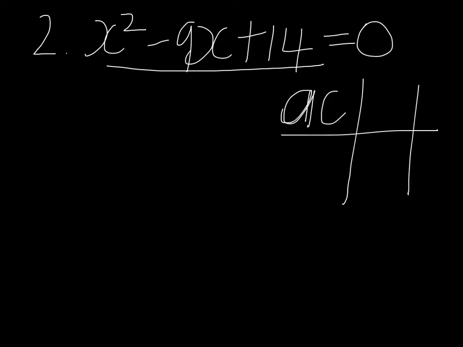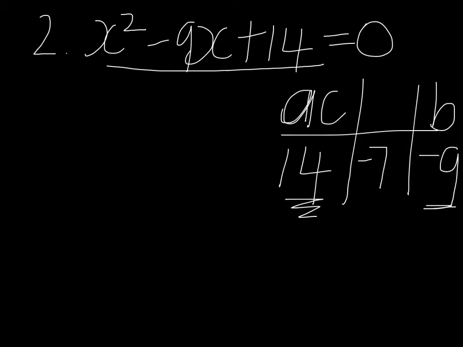We've got AC and we've got B. AC is 14 and B is minus 9. We need our factor pair of 14 that's going to add up to give minus 9. It's going to be minus 7 and minus 2.